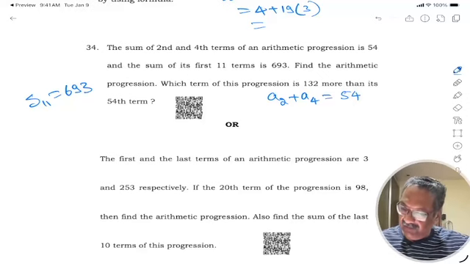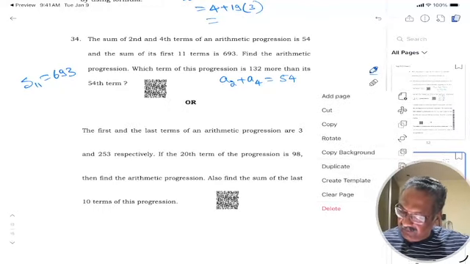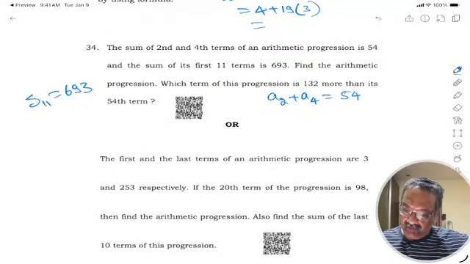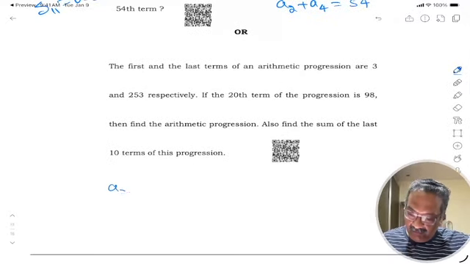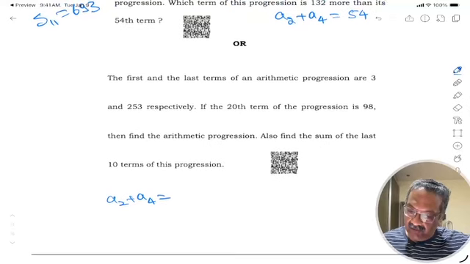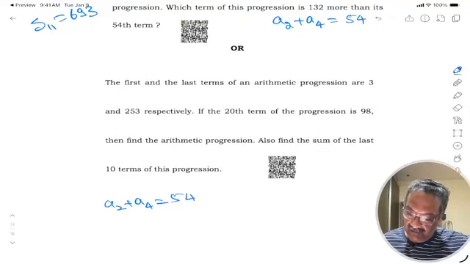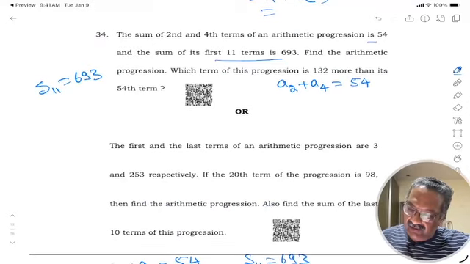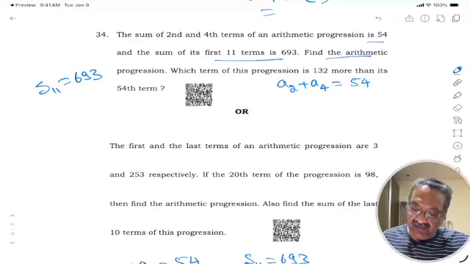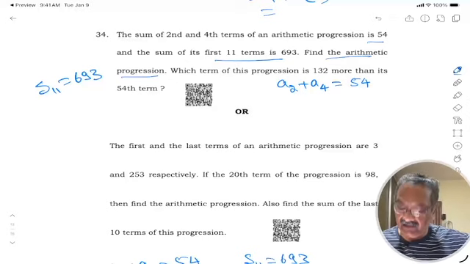First we will find the AP. I think this is a good question which we can solve. So we've got A2 plus A4 is equal to 54 and S11 is equal to 693. First we'll do this, then we'll take which term of this. First let's find the AP and then we'll take the next part.